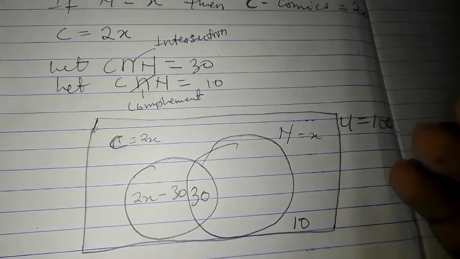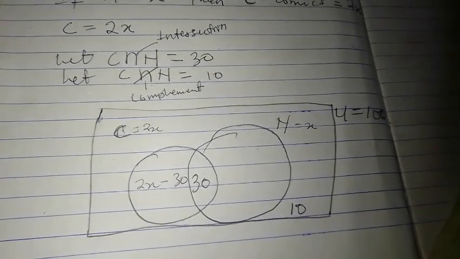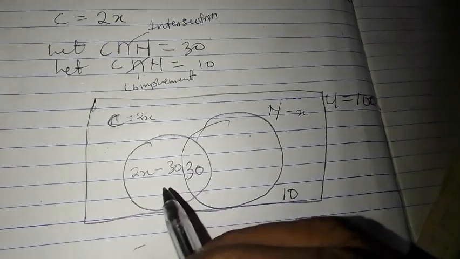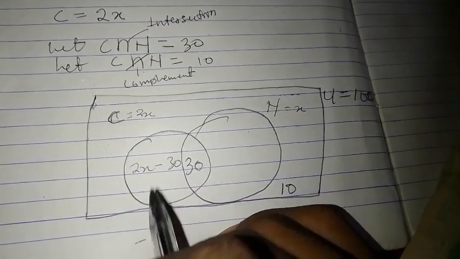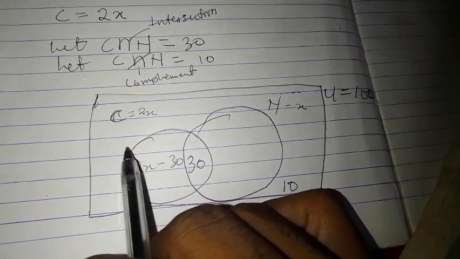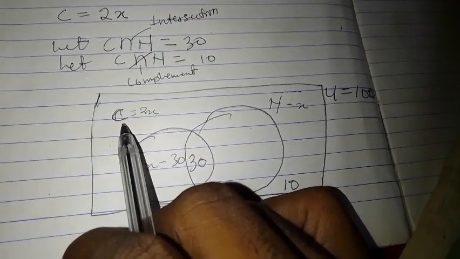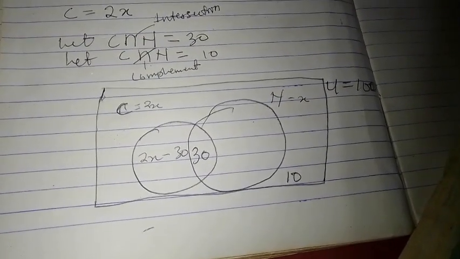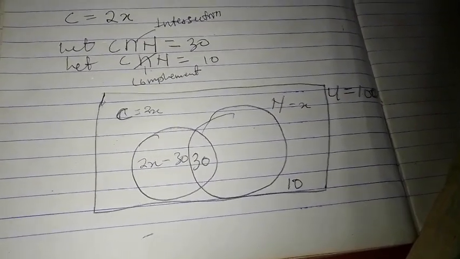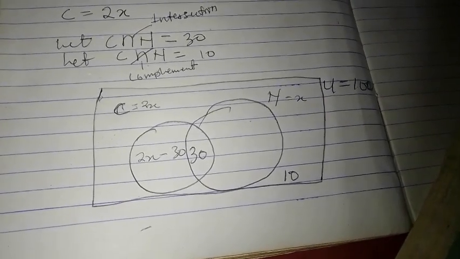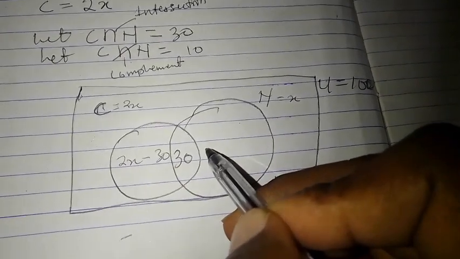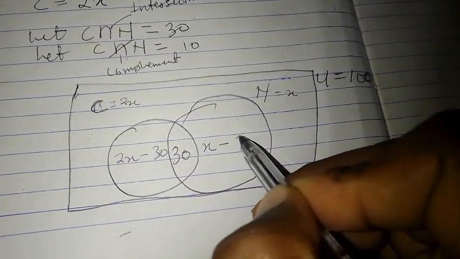In most questions that's how it is. If they did not partake in reading the comics, there will be no intersection. That is the explanation for that. So minus 30.